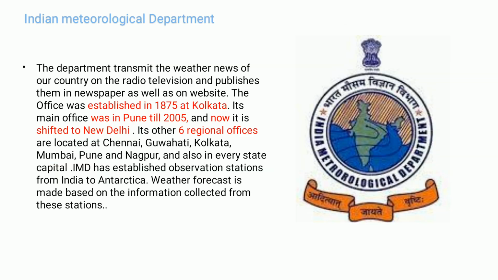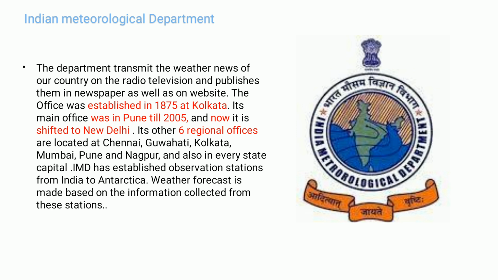The Indian Meteorological Department transmits the weather news of a country on radio, television, and publishes it in the newspaper as well as on the website. The office of this Indian Meteorological Department was established in 1875 at Kolkata.